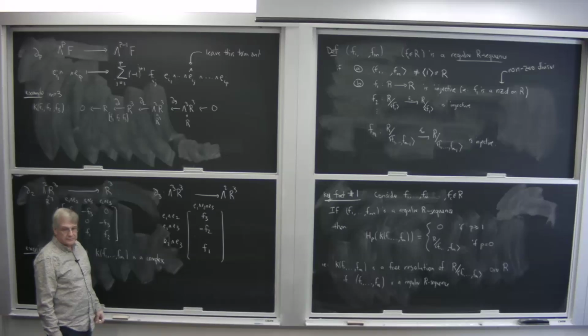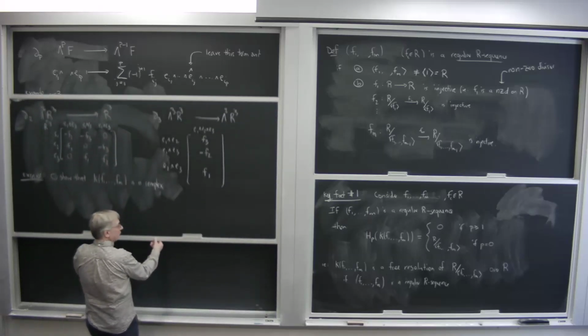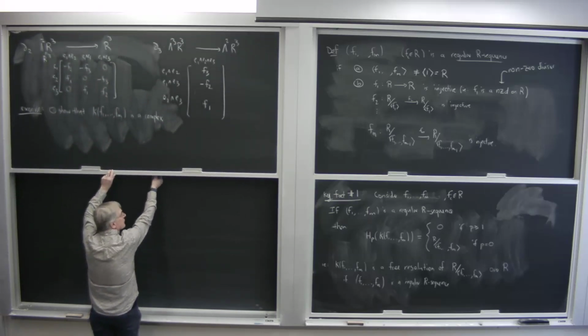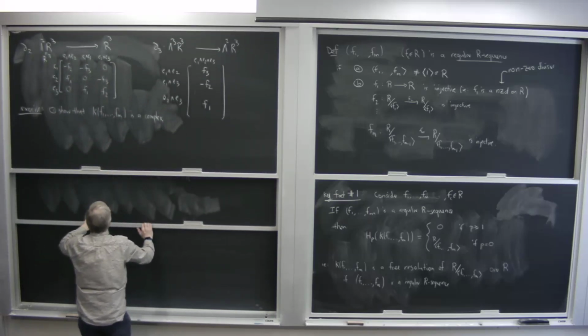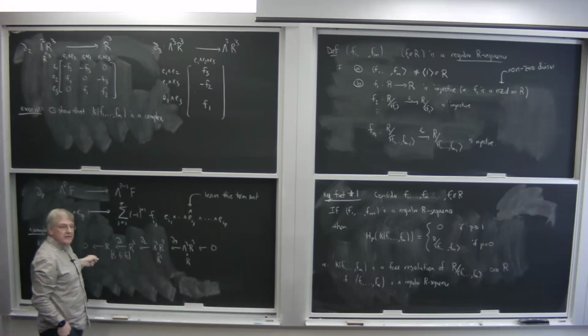So when you take the homology of what's on the board there, you get R mod the ideal of the F's as the last non-zero. So the question is, in this setting here, for instance, what happens?